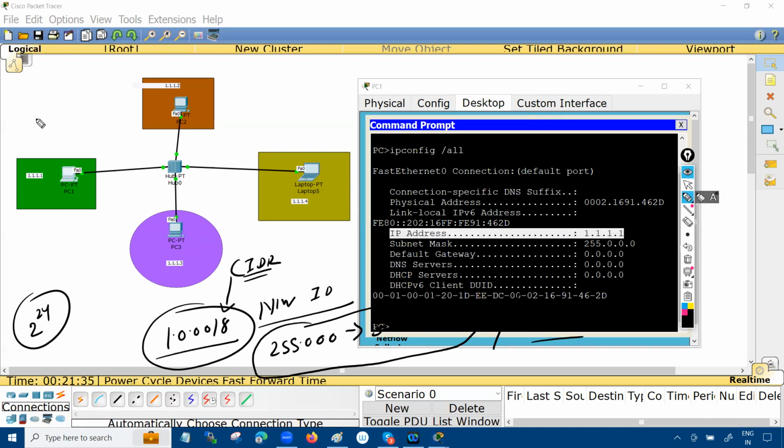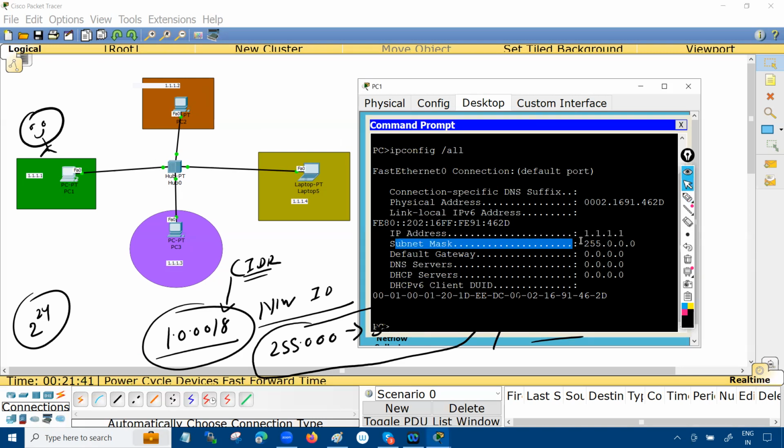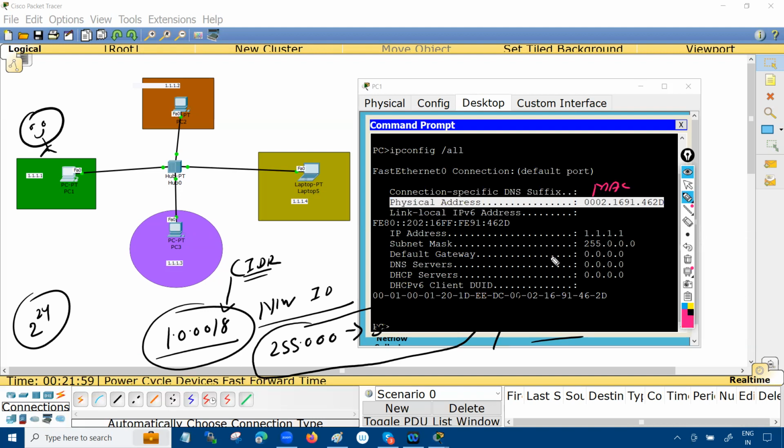So right now the network engineer is sitting on this PC, and he has defined the IP address 1.1.1.1 with subnet mask 255.0.0.0. Forget the default gateway, DNS server, DHCP server, leave it right now, we'll discuss that later. You can see that this PC has a physical address, which is my MAC address. The physical address is also known as a MAC address, and this IP address is known as a logical address.